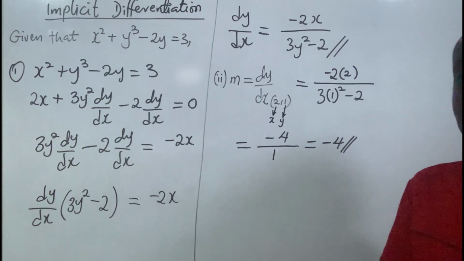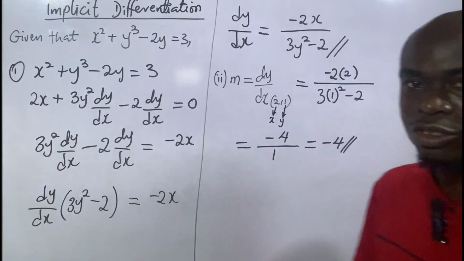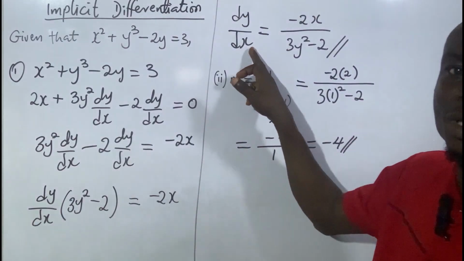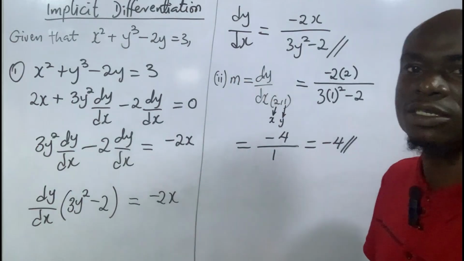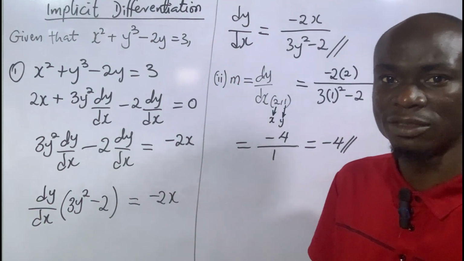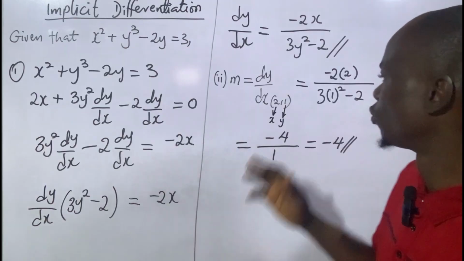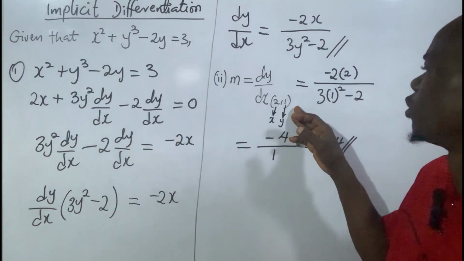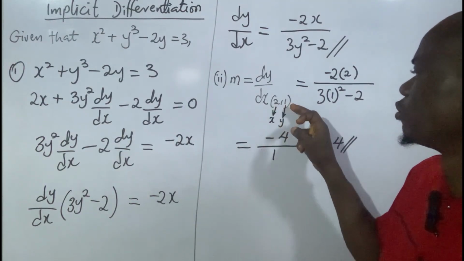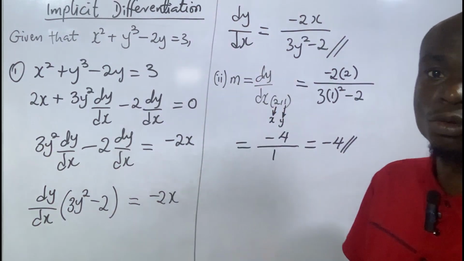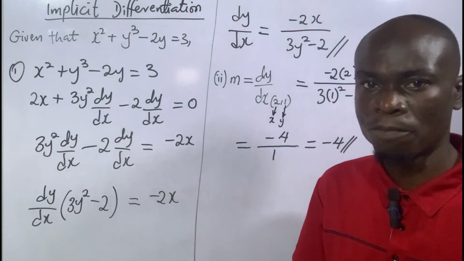So we just answered 2 of the questions there. First, find dy/dx; we've gotten that one. Second, find the slope of the tangent line to the curve at (2, 1). So (2, 1) simply means wherever you see x put 2, wherever you see y put 1 in your dy/dx. This is the formula for the slope of the tangent line.